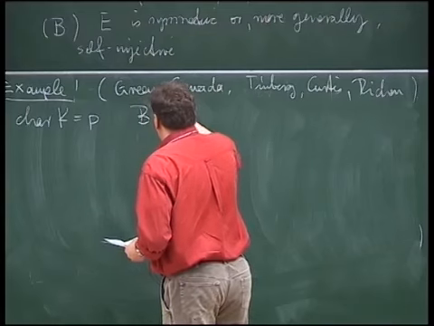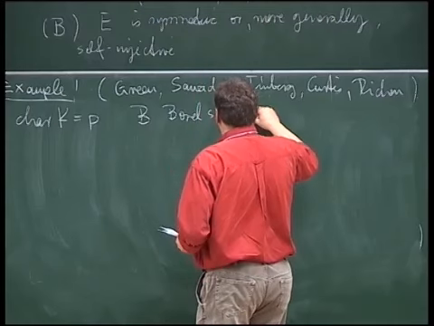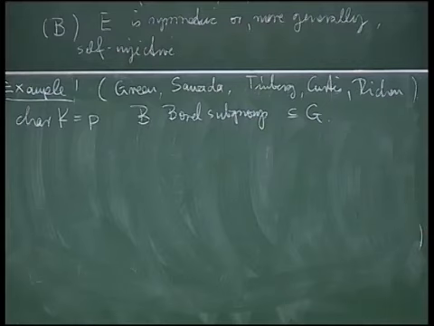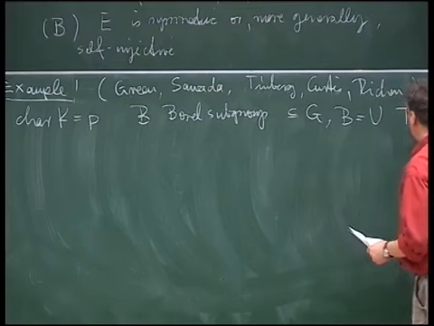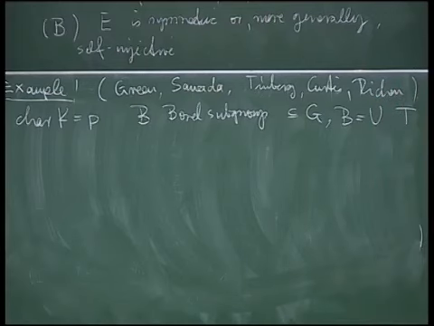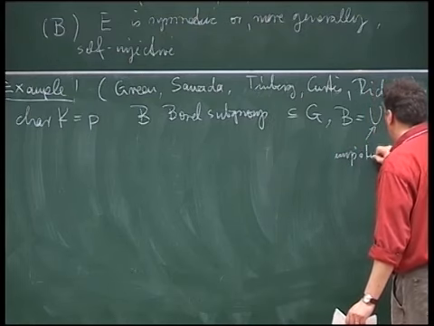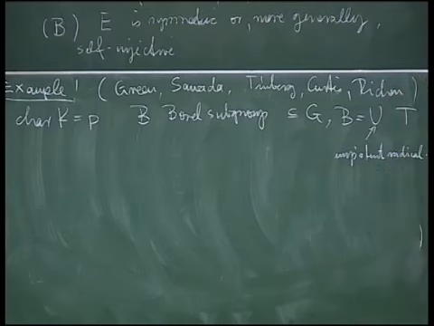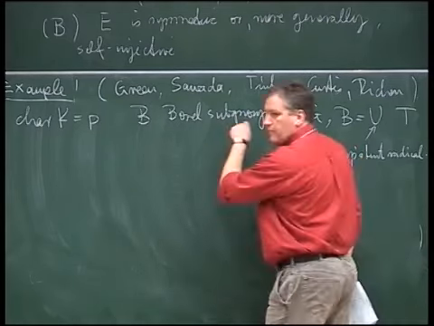We consider a Borel subgroup. So in our finite group, we know that this has a semi-direct product decomposition, where this is the unipotent radical. And here I mean really all these things in the finite group.